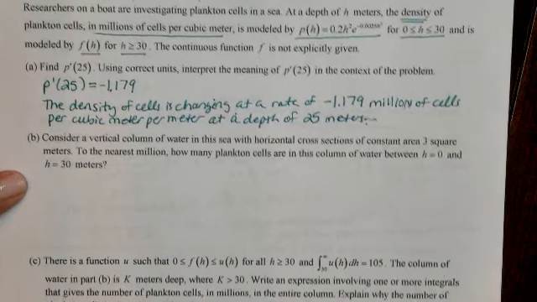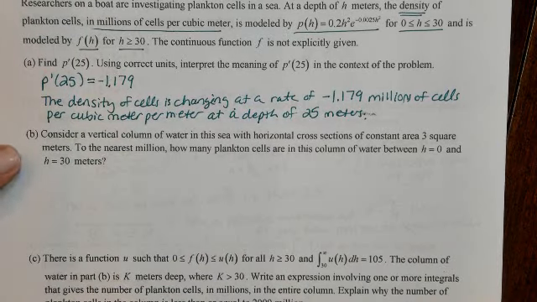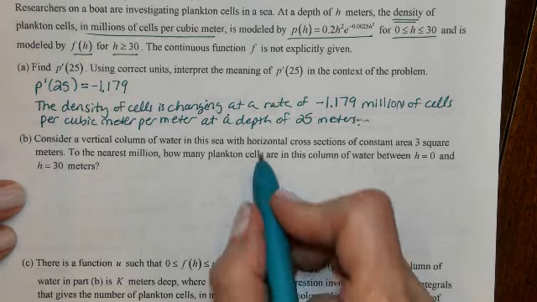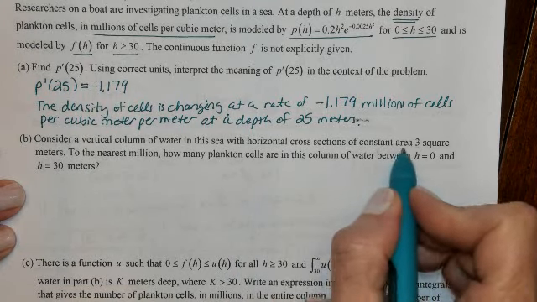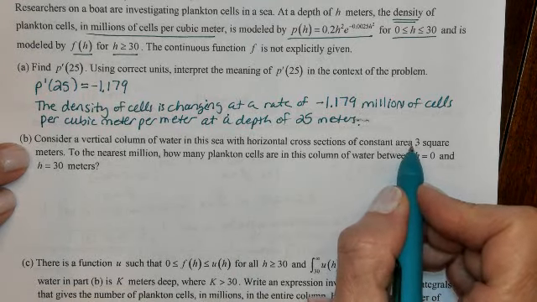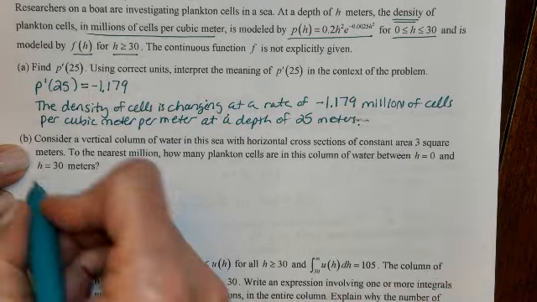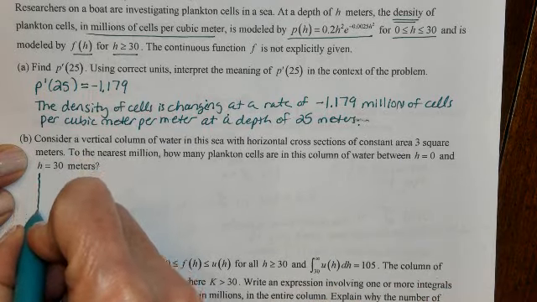Part B. Consider a vertical column of water in the sea with horizontal cross-sections of constant area 3 square meters. Okay, so there's a vertical column of water in the sea.